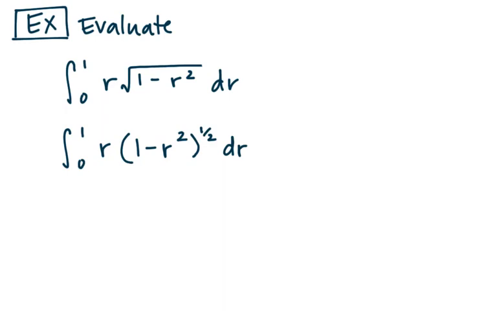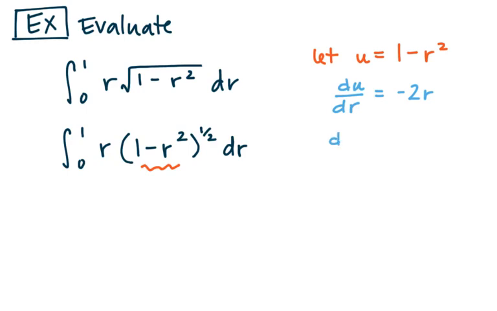And so since we've had so much practice, most of you can probably see that we're going to say let u equal 1 minus r squared. And that means then du, the derivative of u with respect to r, would equal negative 2r.